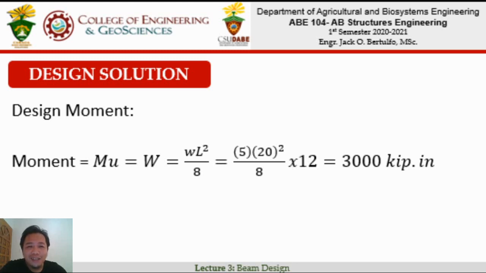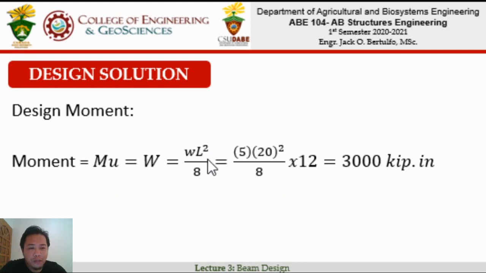By simply looking at the configuration of your beam, it is simply supported. The type of loading is uniformly distributed. So we can say that the maximum bending moment is WL squared over 8. So we have here Mu equals WL squared over 8.